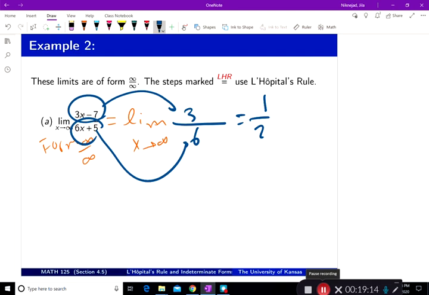Therefore, the ratio of the two coefficients is going to be the limit.